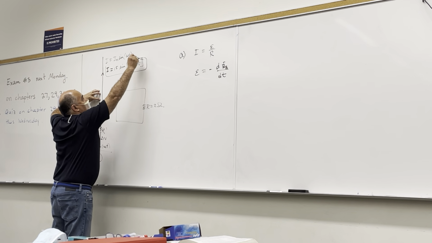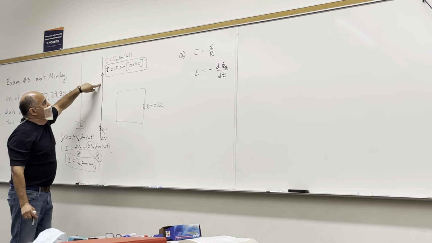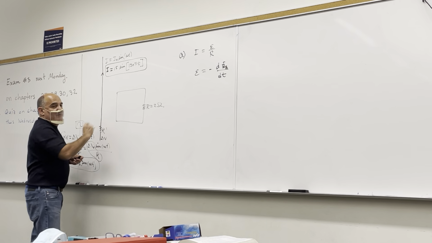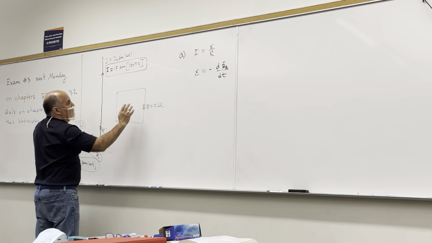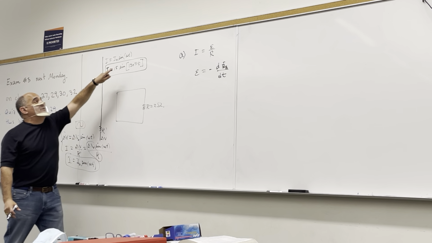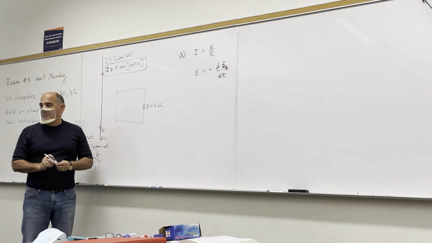The current just happens to be this. But notice that this current in this wire is time dependent. So it generates a magnetic field over here. Actually, everywhere around this wire, there is a magnetic field generated by this current. But because this current is changing with time, the magnetic field that it generates is changing with time.